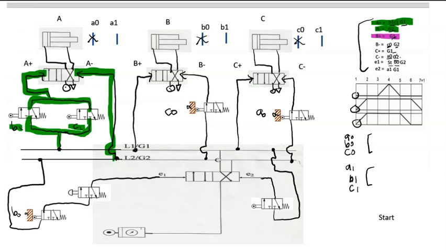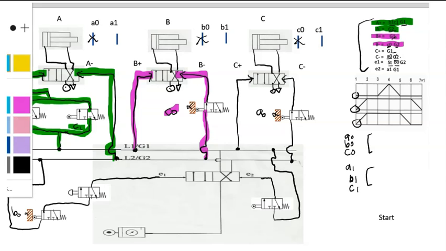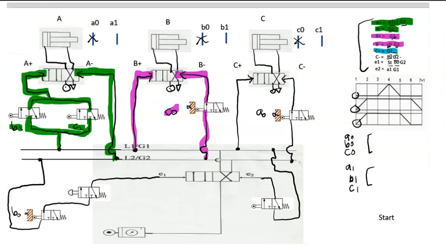And B plus going to G1. B minus we have C0 G2. So that's correct, C0 and G2. And then for C plus we're going to G1, direct to G1. And for C minus we have A0 G2, so A0 G2.